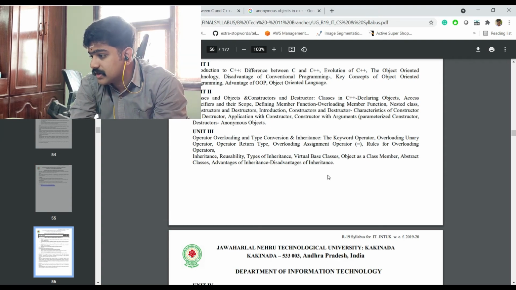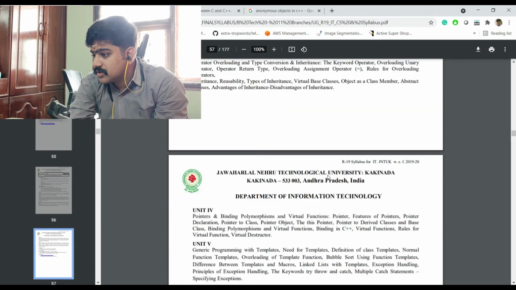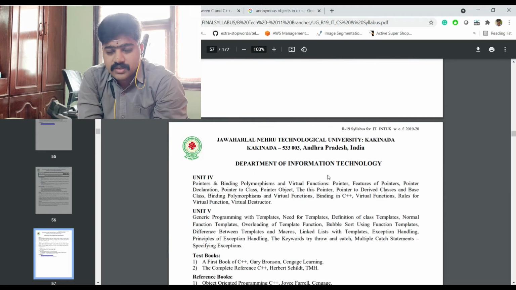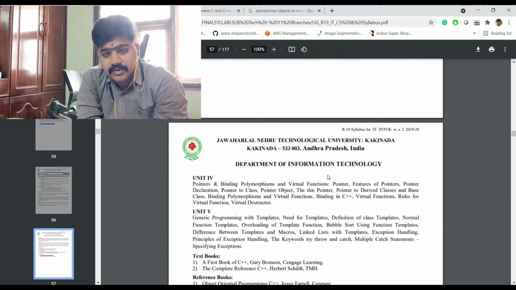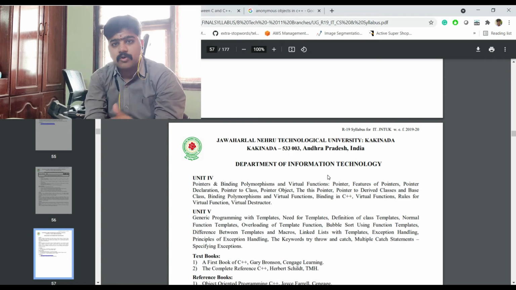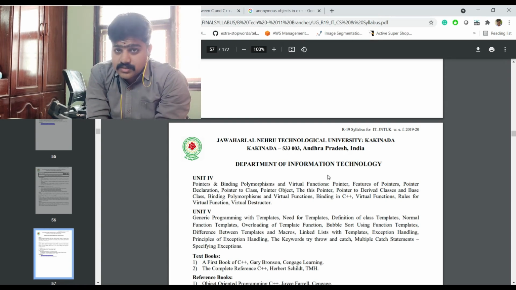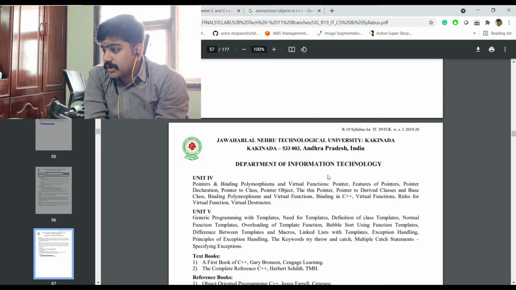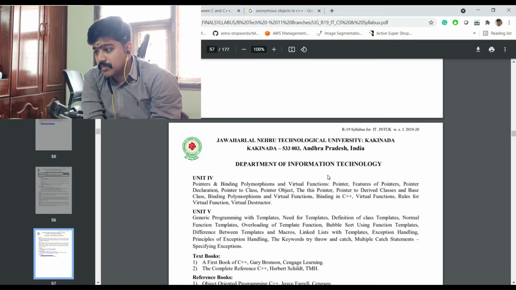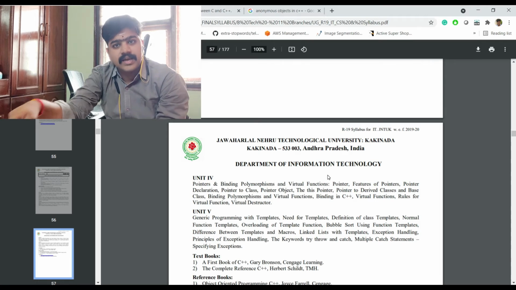And here coming to the 4th unit: pointers and address variables. How objects can be communicated using address variables. The pointers are the major concern to operate on these kinds of address variables. So how pointers can be accessed, pointer declaration, pointers to a class, pointer to an object, pointer to the derived class and base class. That means again inheritance.